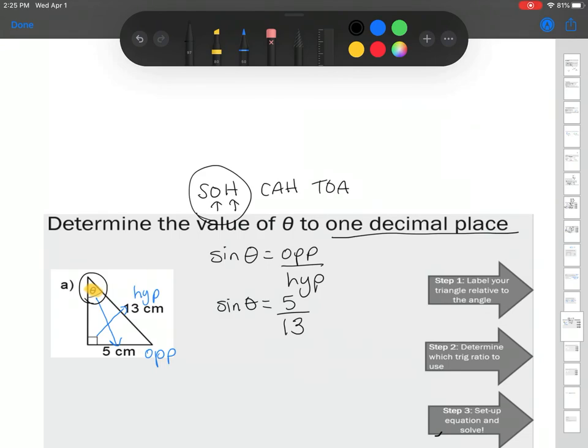Are you going to divide this first? 5 divided by 13 is 0.3846, or you can just leave it. And then what you're going to do is the inverse. So to get theta by itself, the inverse of sine is sine inverse.